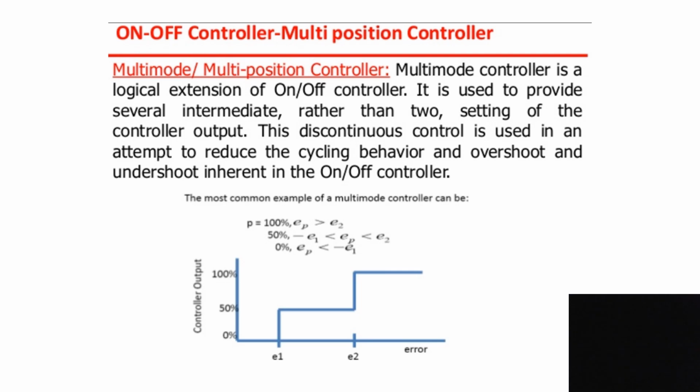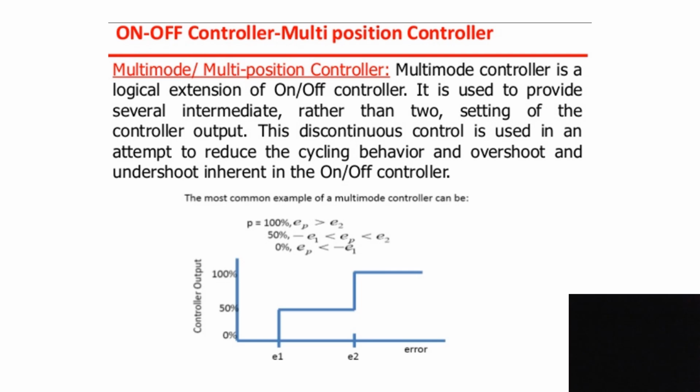To overcome that, we go for an intermediate position, called multi-position control. In that case you choose two error signals, E1 and E2. If the error is greater than E2, the valve is fully open; if it is between E1 and E2, it is 50 percent open; and if it is less than E1, it is 0. That is the discontinuous control.